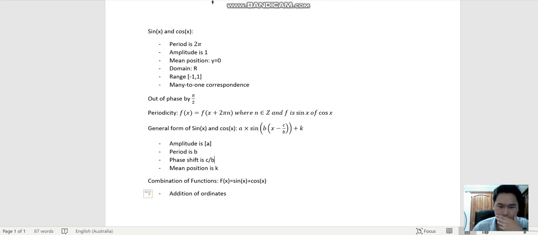Okay, so something else to learn is a combination of functions. For example, if a question asks you to find f of x equals sine of x plus cos of x, and it's asking you to sketch it without a calculator, you have to use what's called addition of ordinates.